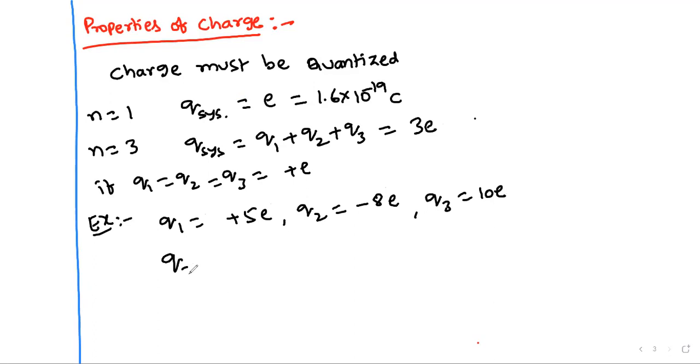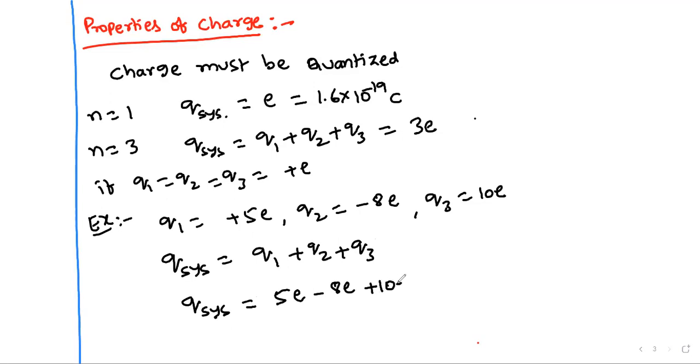Then I can find the total charge of the system as Q1 plus Q2 plus Q3, which is equal to 7e. I'll get 7e as the total charge of the system. Like this, not all the times every charged particle will have plus e. Sometimes we'll have minus e, and the magnitude also will be different.